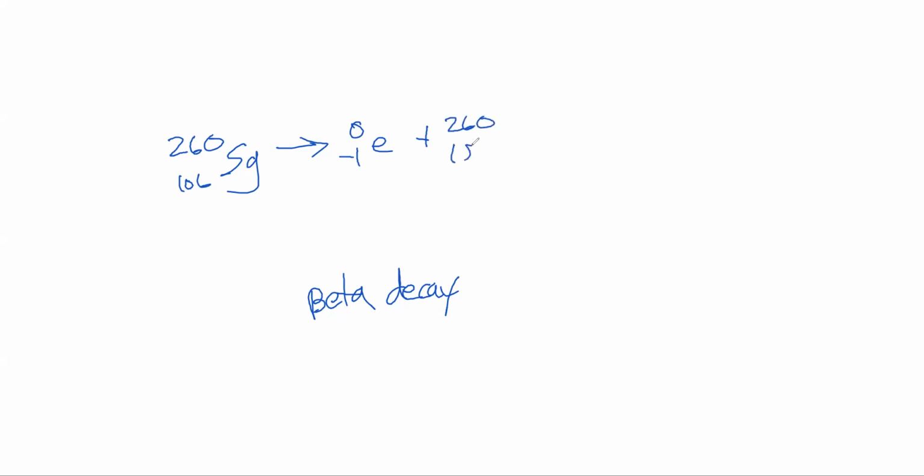Now, if we make the atomic number 105, what element would that become? Dubnium. Dubnium, right? But if we add these up, right, 105 plus a minus 1, is that going to be equal to 106?